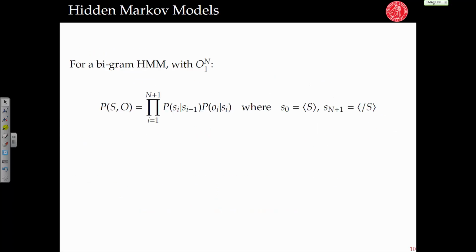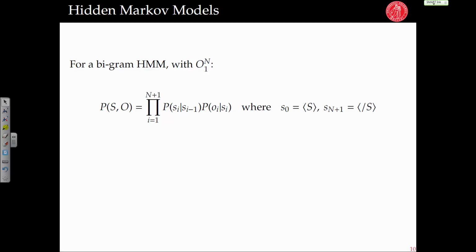So for a bigram hidden Markov model and an observation sequence of length n, we want to compute the joint probability of S, which is the hidden state sequence, and the observation sequence. And this turns out to be, again, an application of the chain rule.